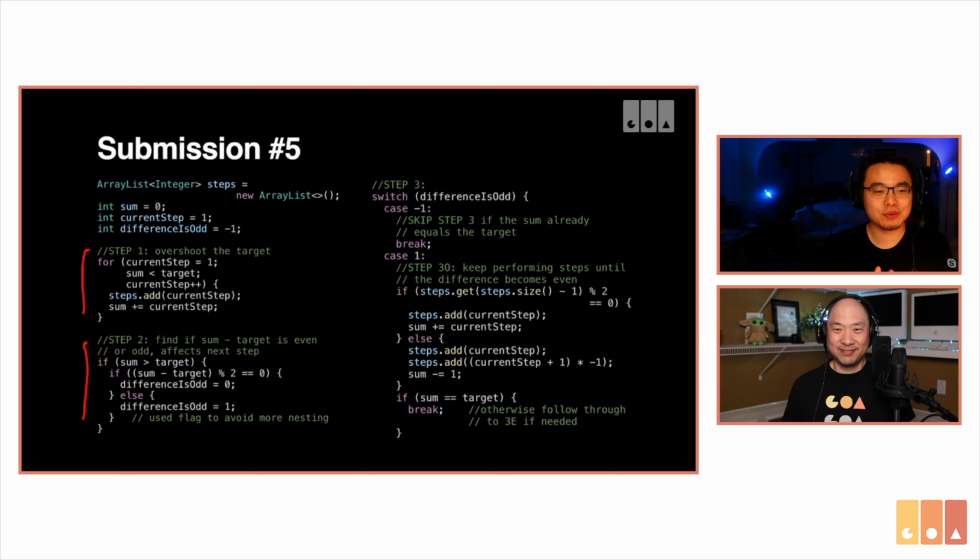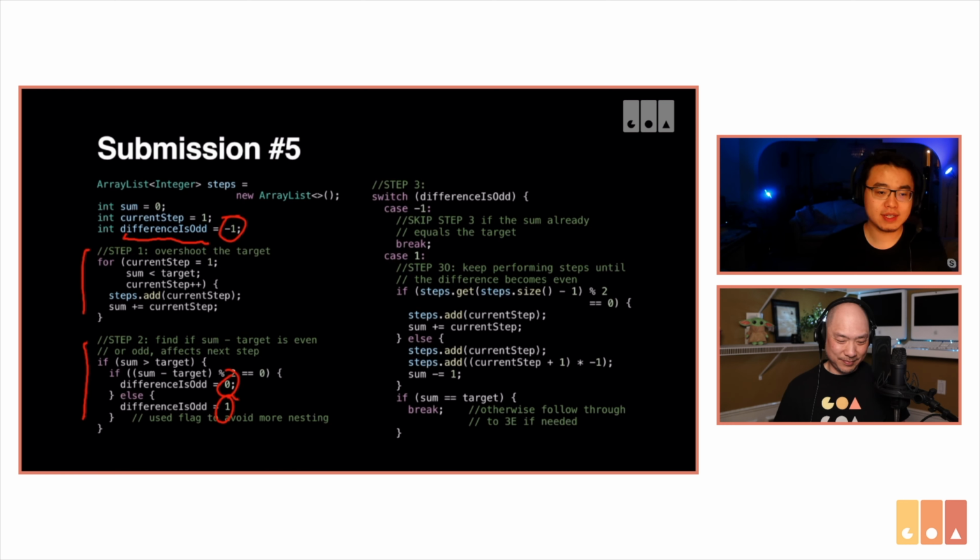You can see that Arthur defined a difference is odd, -1. So normally, if you're setting a variable like that, a reasonable assumption would be that it's a Boolean, so 0 or 1. Except in this case, it's a triple state variable, so -1, 0, or 1.